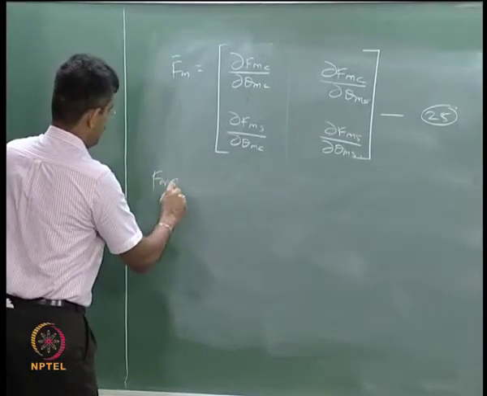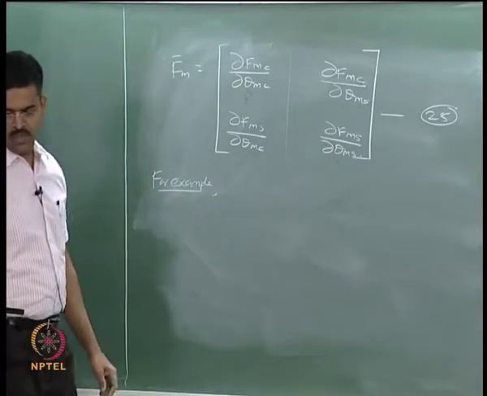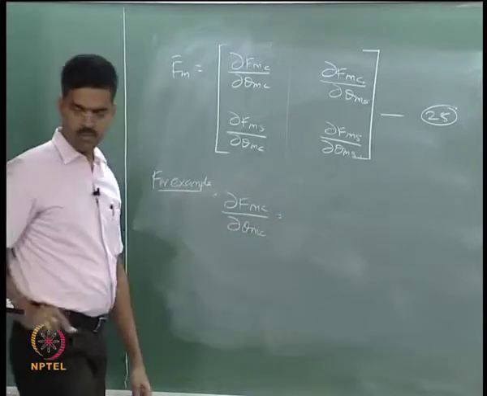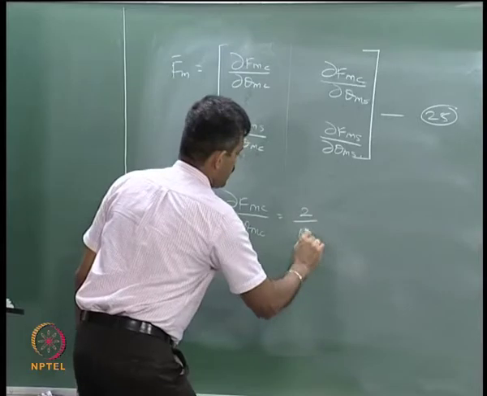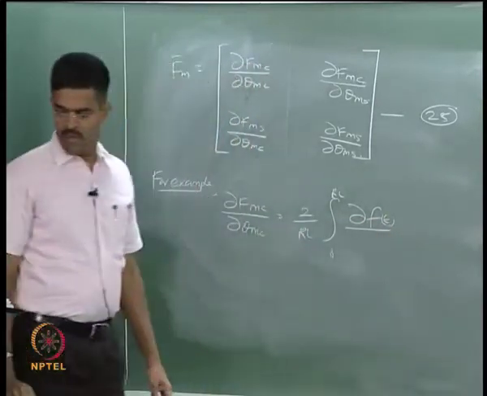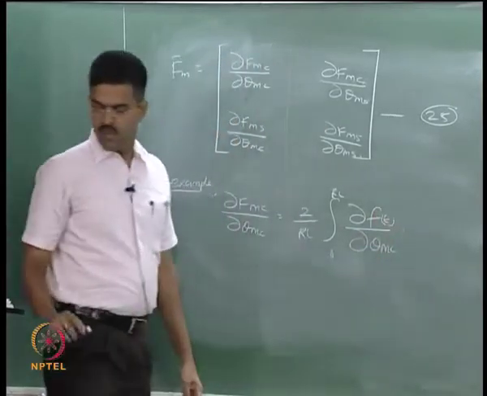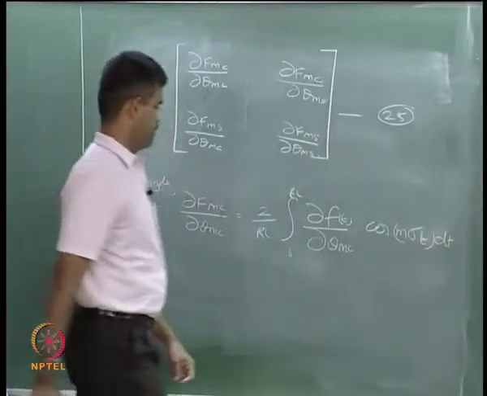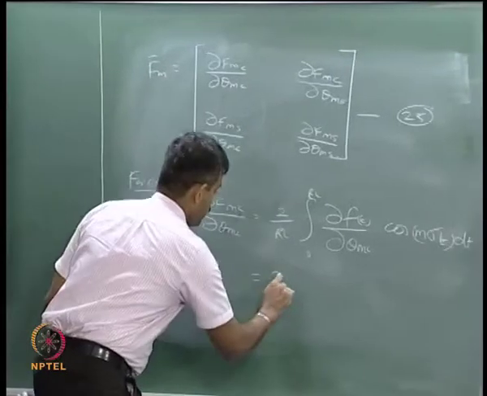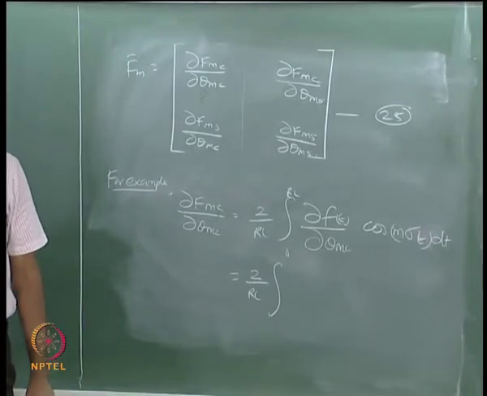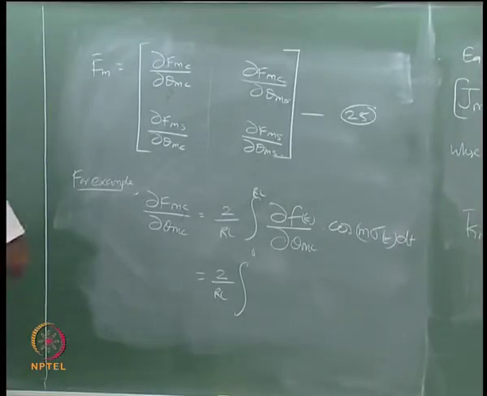So, let us say for example, I want to evaluate dou f mc by dou theta mc, which is nothing but 2 by the record length, integral from 0 to record length of dou of the forcing function with respect to theta mc of the cosine component, because I am talking about c here, which is cos m sigma t dt, which can be given as 2 by RL of, I am just expanding this f of t, already we have f of t with us, I wrote in equation number 13.